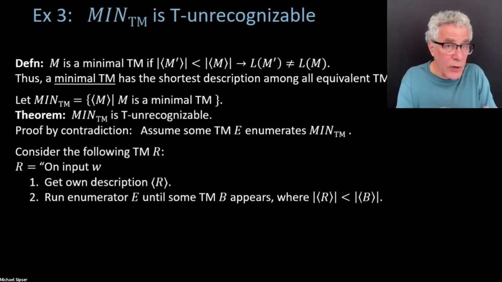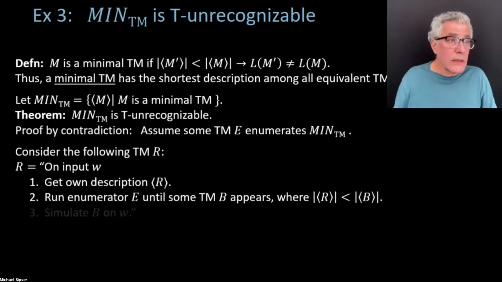How do you know how big you are? From the description you're given by the recursion theorem. So you keep printing out these Turing machines until you find one that's bigger than yourself. And then what do you do with that? You simulate that.